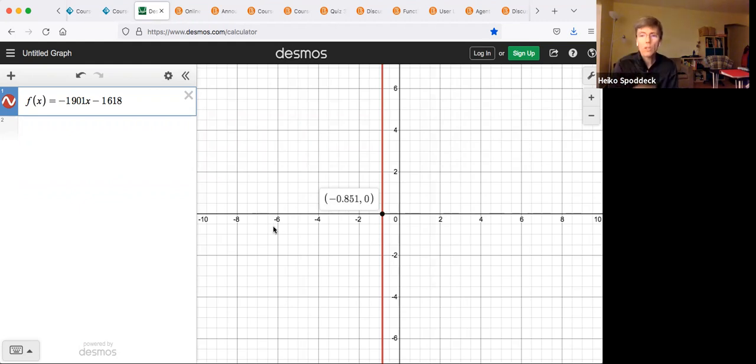So immediately I know how I have to scale my x-axis. My x-axis might be much nicer if I scale it between -2 and 2, for instance. That we will do in a second. And then for our y, we will definitely need negative 1618 on there.